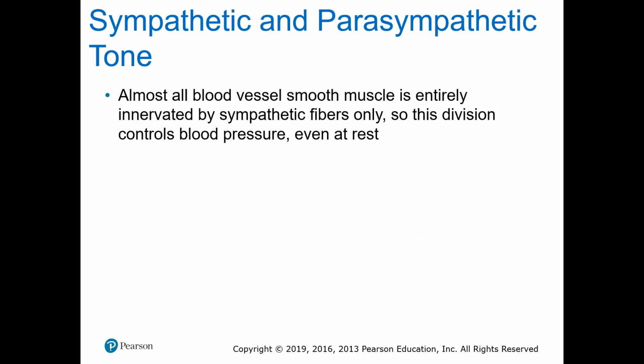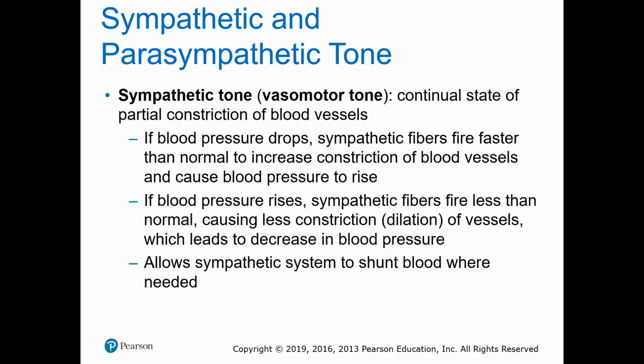Because it is so important to be able to move blood around or restrict the movement of blood in our bodies, we can just use this one neurotransmitter. So. Now, one of the things about our blood vessels is that we're always going to keep them slightly constricted.